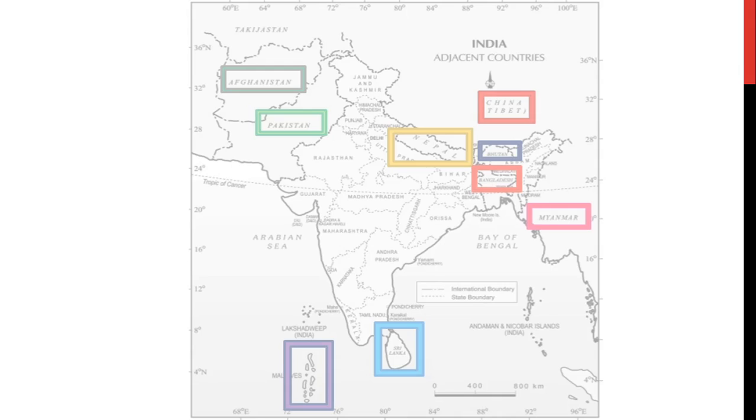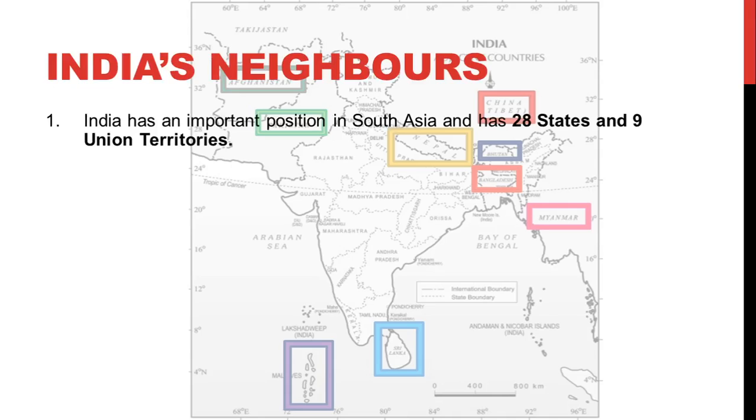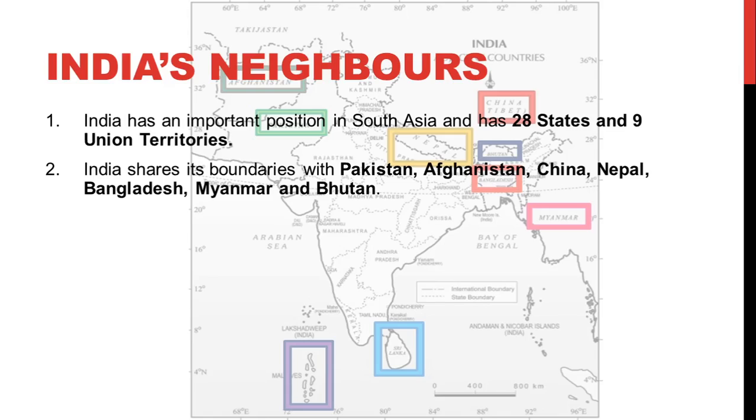India's neighbors. India has an important position in South Asia and has 28 states and 9 union territories. India shares its boundary with Pakistan, Afghanistan, China, Nepal, Bangladesh, Myanmar and Bhutan.